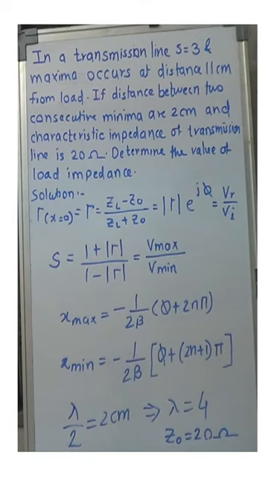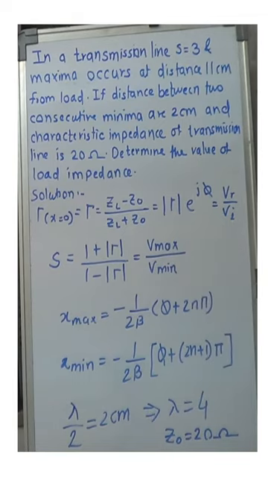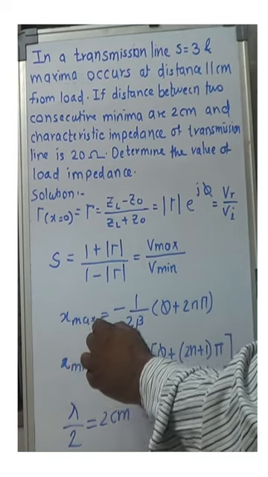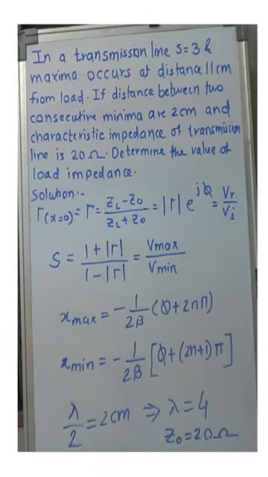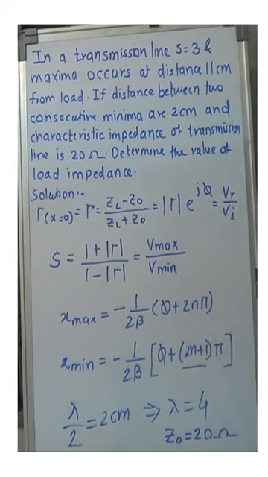So for that purpose, you will need to find magnitude as well as angle. Only finding magnitude is not enough. So here two equations are there. One is x maximum is equal to minus 1 by 2 beta times (phi plus 2n pi), that is for x maximum, and for x minimum it is the odd number (2n plus 1) pi.